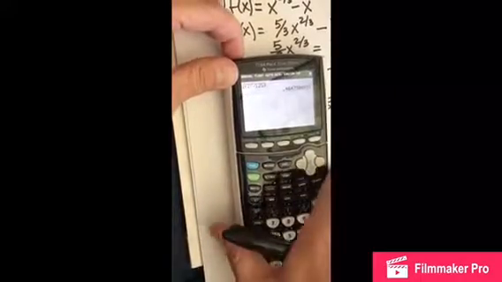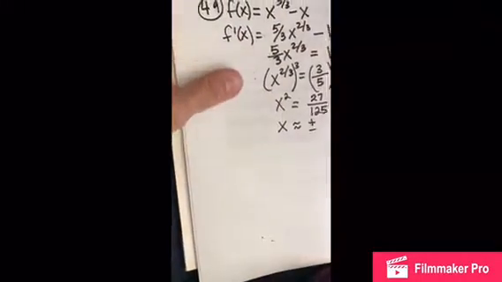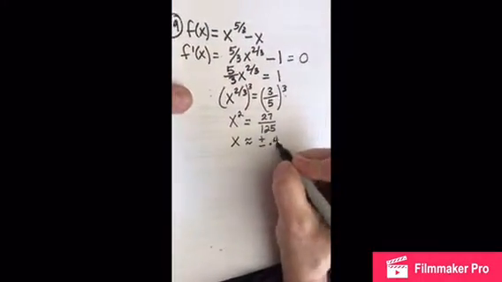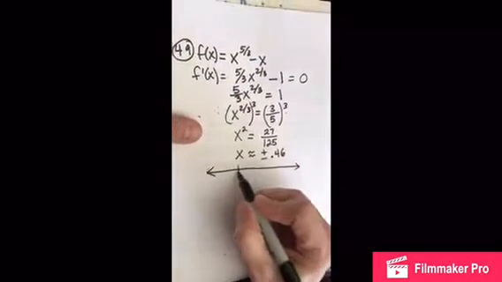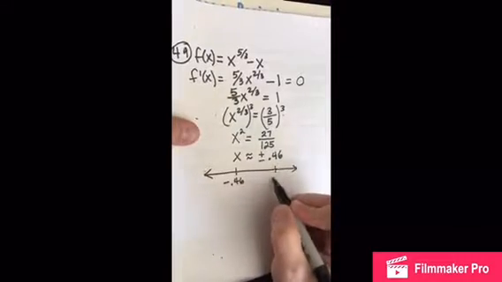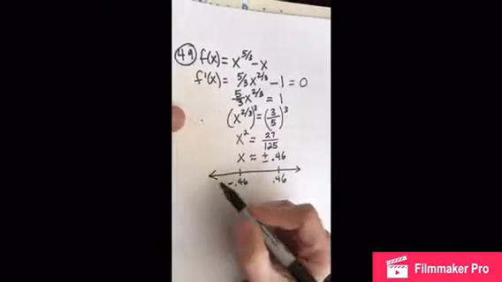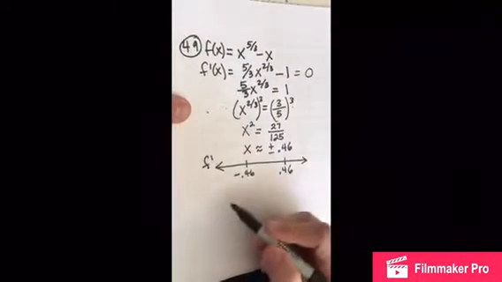And it's approximately 0.46. So plus or minus 0.46. We can put that on the number line as our critical numbers, negative 0.46 and 0.46. We've got our first derivative.